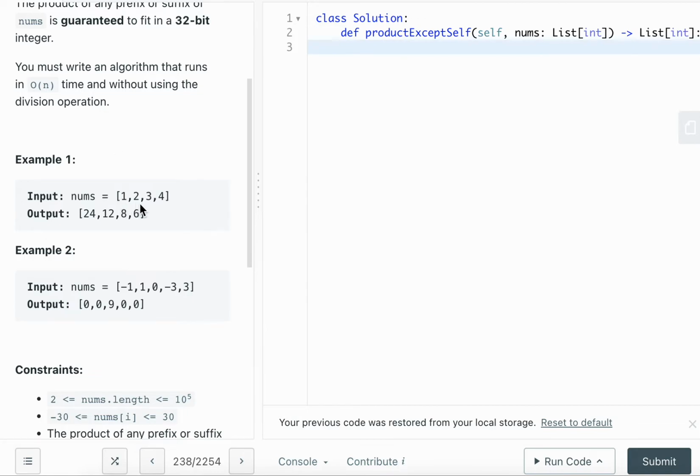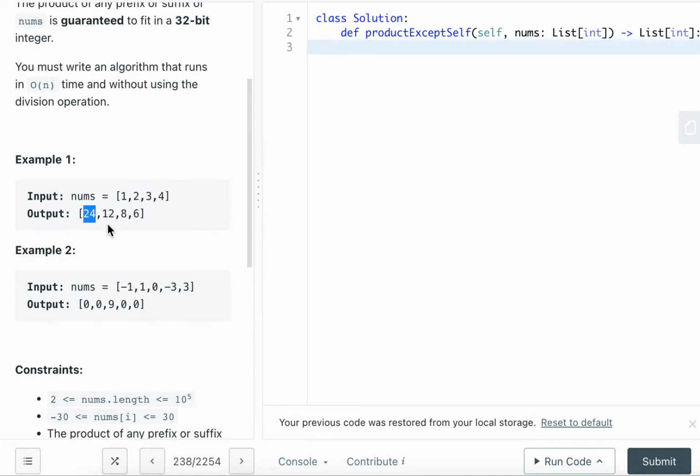So basically what it's trying to say is that for the nums they give you here, they want you to find the product of everything else except the i itself. So if you look at this array, 2 times 3 is 6, 6 multiplied by 4 is 24, right?